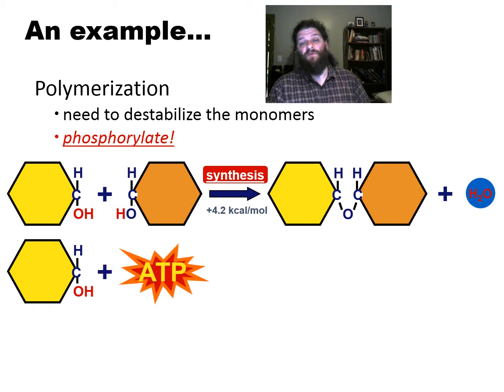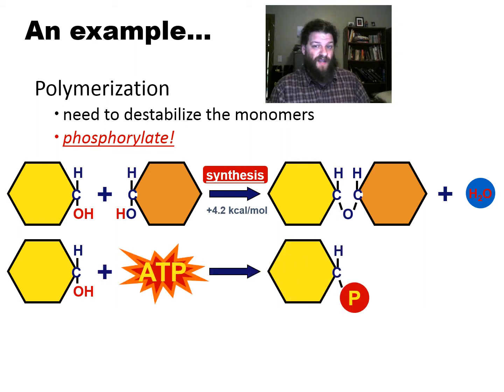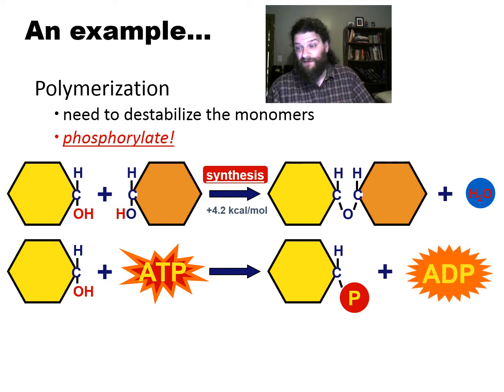We do this through phosphorylation. Take the ATP molecule, and the phosphate group from the ATP molecule is transferred to the glucose, and you can think of it as restabilizing the ATP into ADP and destabilizing the glucose from glucose into glucose phosphate.